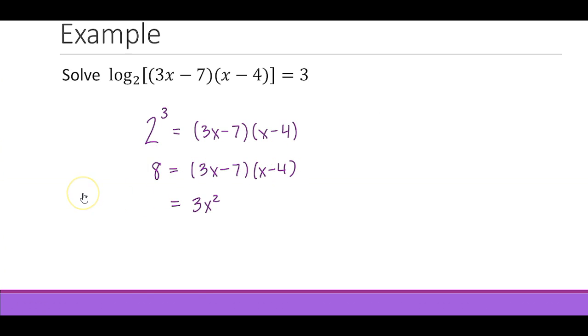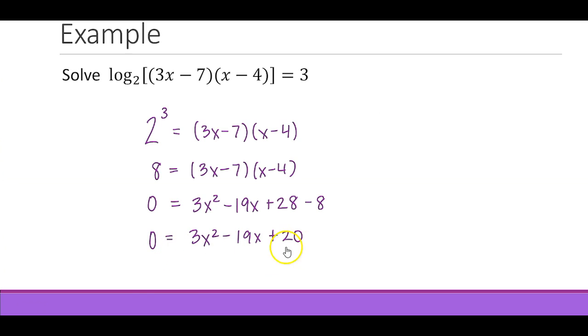Inner is minus 7x, so minus 19x. And then plus 28. And then I'm going to subtract the 8 to the other side because I want this quadratic equation to equal 0. So I have 0 is equal to 3x squared minus 19x plus 20.